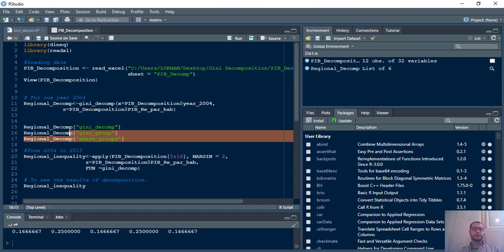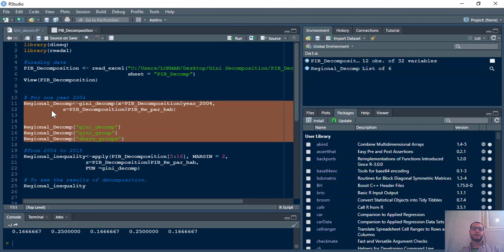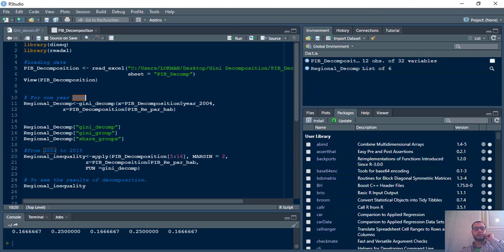So the first example, we decomposed the Gini coefficient for only the year 2004. Now we will decompose the Gini coefficient for the entire data from 2004 to 2015. For this reason, we will use the function apply implemented in R. So I will call this data regional inequality.